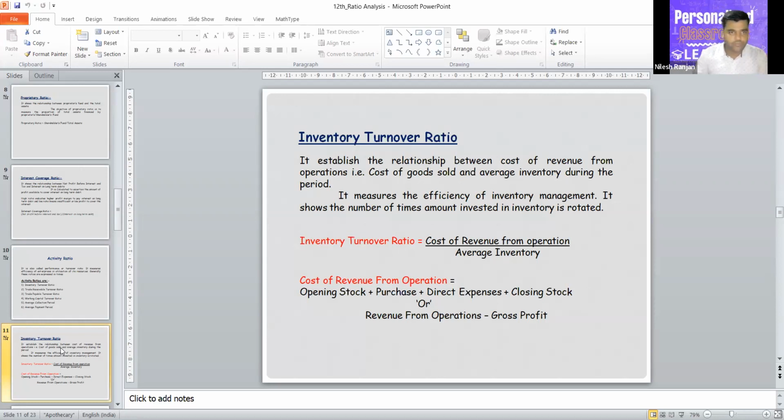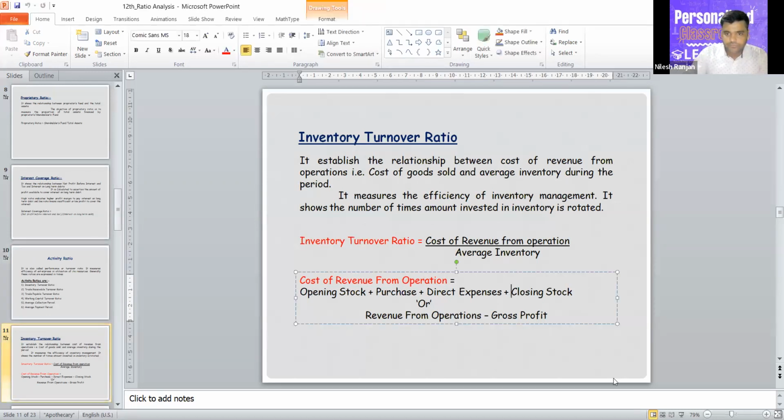Actually, it is written plus closing stock, which is incorrect here. It is not plus, it is minus. Okay, so opening stock plus purchase plus direct expenses minus closing stock.